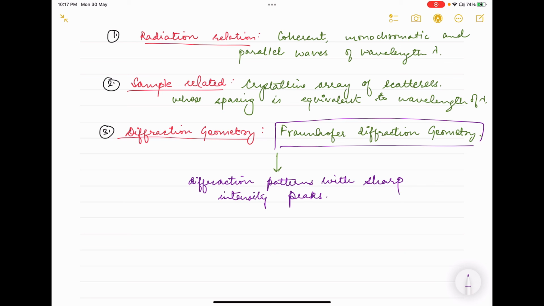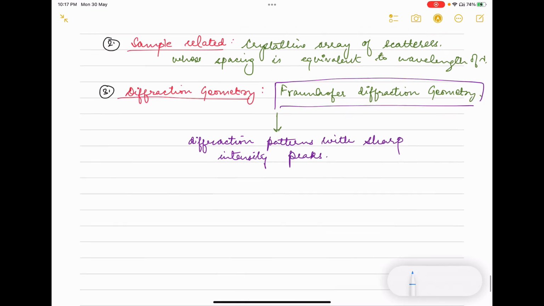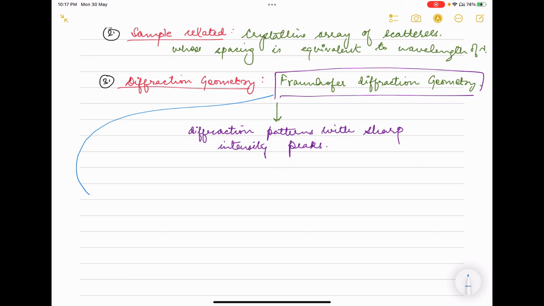Fraunhofer diffraction geometry simply implies that parallel waves are impinging on the scatterers, and the screen is placed far away from the object.